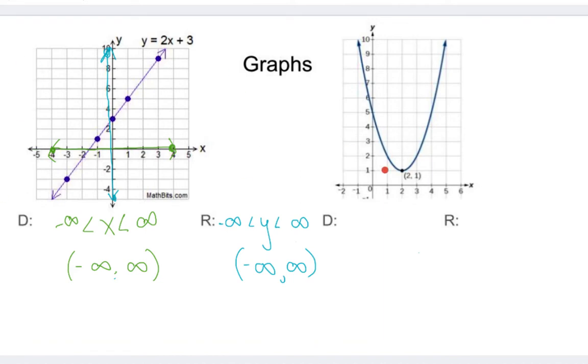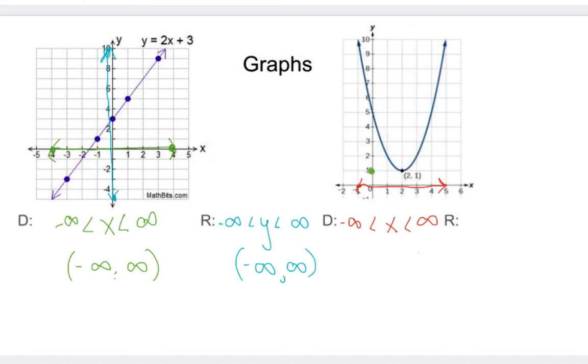Okay, this example is a little different. With the x, we see it from here to here, and it's got arrows, so it's going to look just like this one. So negative infinity is less than x is less than infinity. But the y value, the range, starts here.